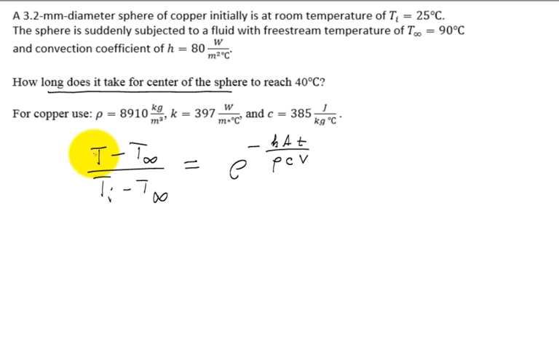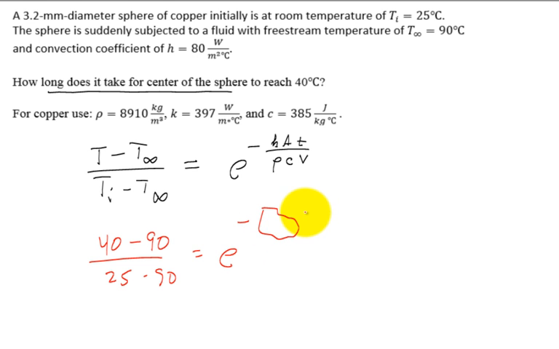And so this one is 40 minus 90 divided by 25 minus 90 is equal to e to the minus, and then all those parameters times that t, and I solve for that t.